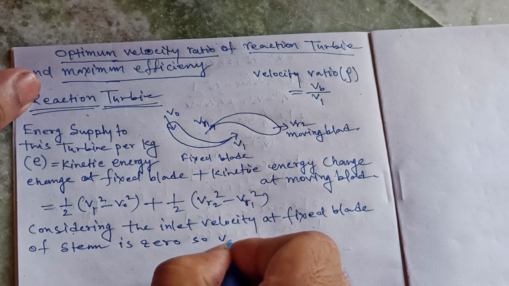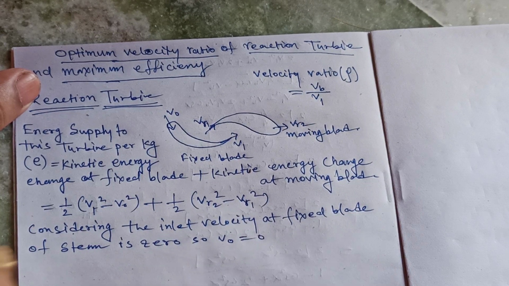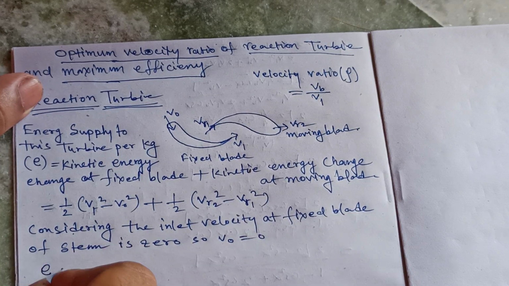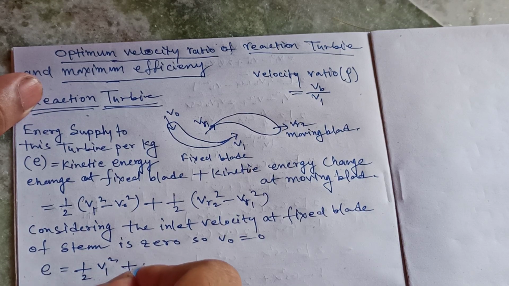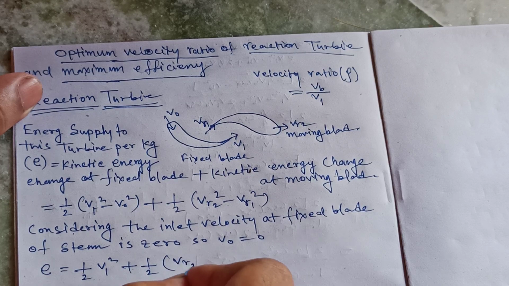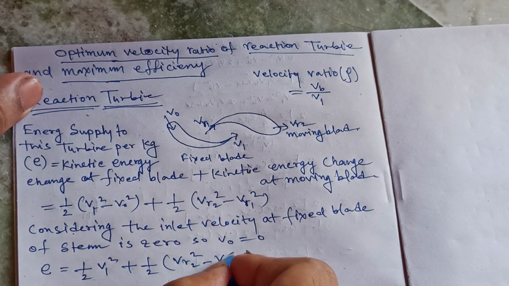So V0 equals to 0. So you can write small e equals to half V1 square plus half VR2 square minus VR1 square.